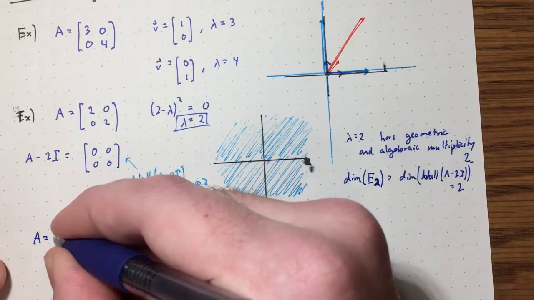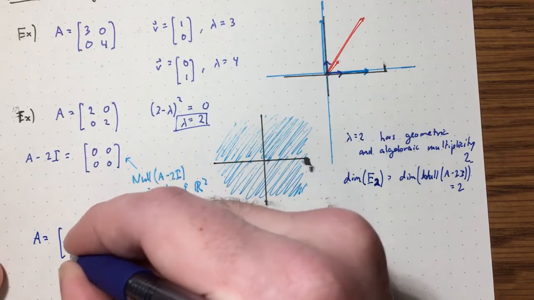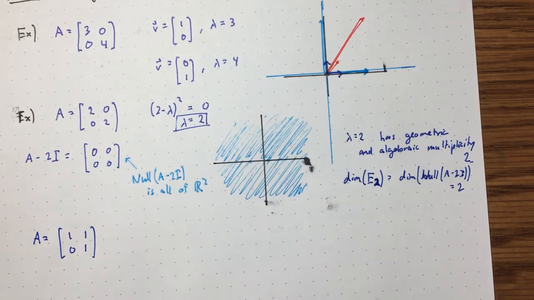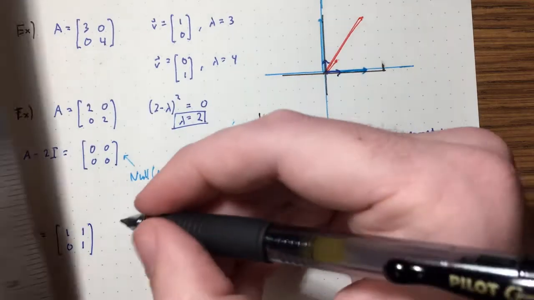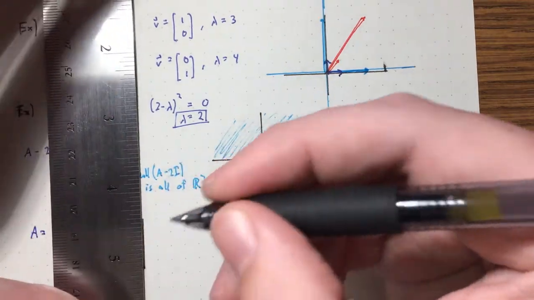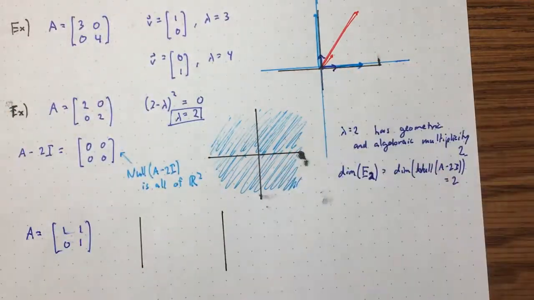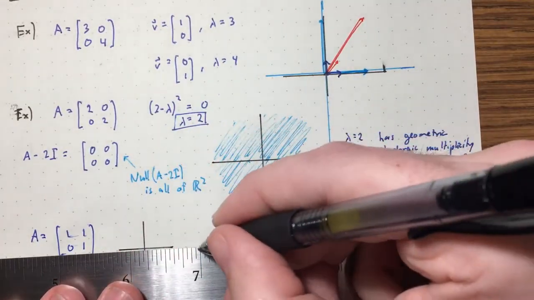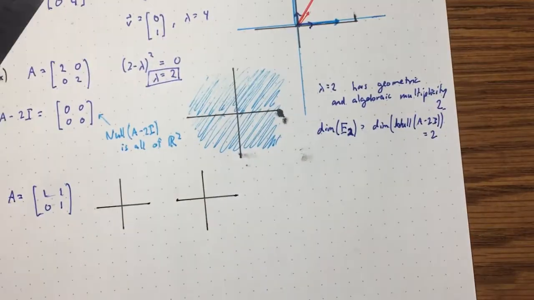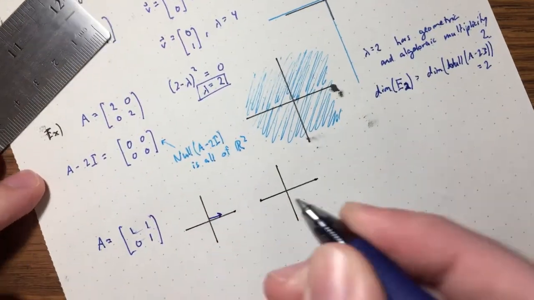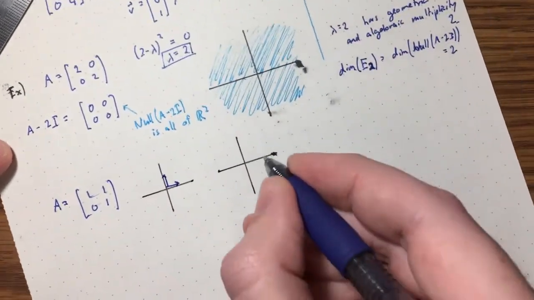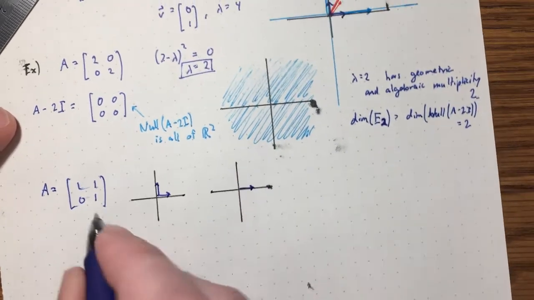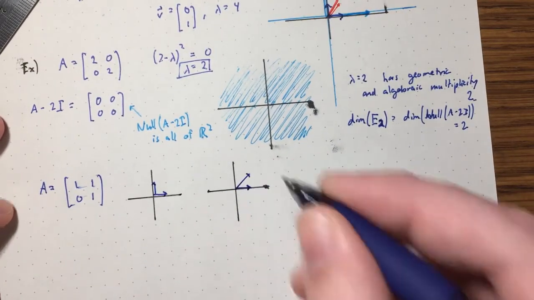What about this one? A equals 1, 1, 0, 1. This is a linear transformation called a shear. What does it look like? Well, 1, 0 just gets sent to itself. 0, 1 gets sent to 1, 1.